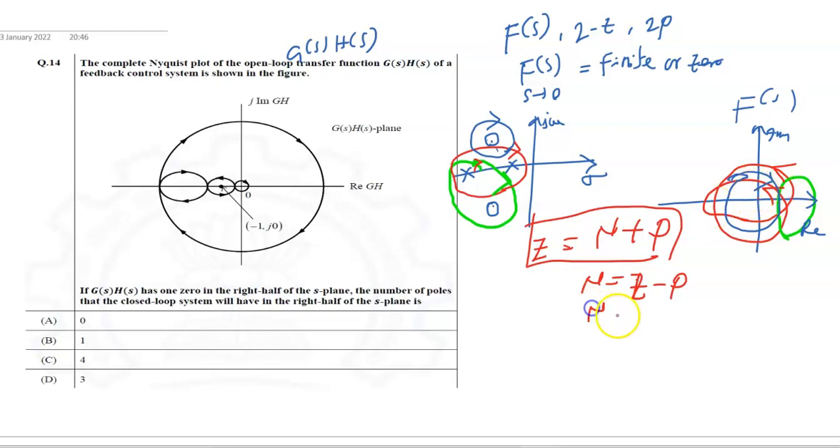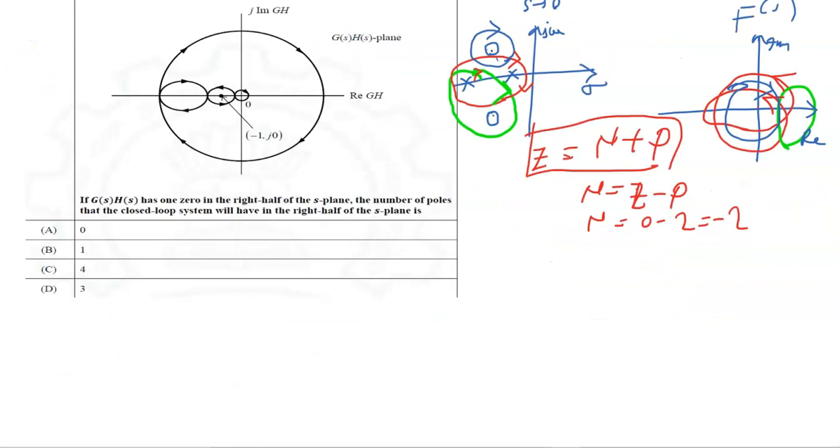Let's say Z equal to 0, P number of encirclements in the S plane is 2, so N equal to minus 2. So this minus indicates that whatever the orientation originally in the S plane, the orientation of encircling the origin will be different.